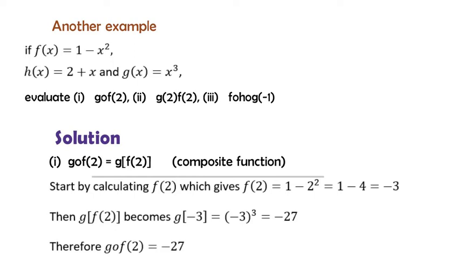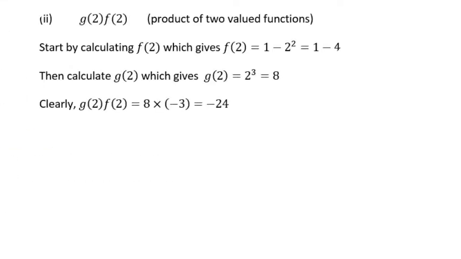Then, clearly, g of f of 2 becomes g of minus 3, which is equal to minus 3 raised to the power of 3, which will give us minus 27. Therefore, g of f of 2 is equal to minus 27. In II, g of 2 times f of 2 is a product of two valued functions under x equal to 2.